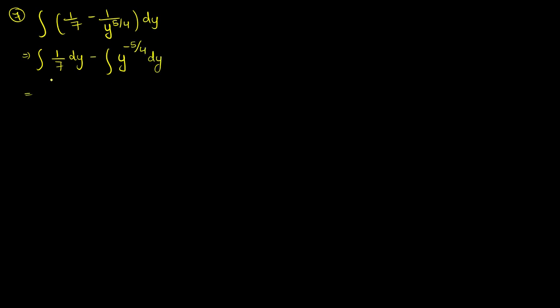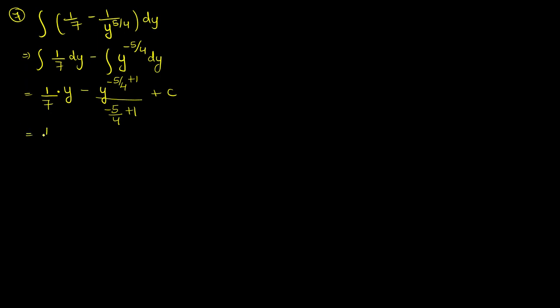So if you simplify, since 1 over 7 is a constant, the integration of a constant will be adding on a variable to it. So the variable is y, so we get 1 over 7 y minus, and here you have the power as minus 5 by 4. So applying the formula x power n, that will be x power n plus 1 divided by n plus 1, plus the constant of integration c.